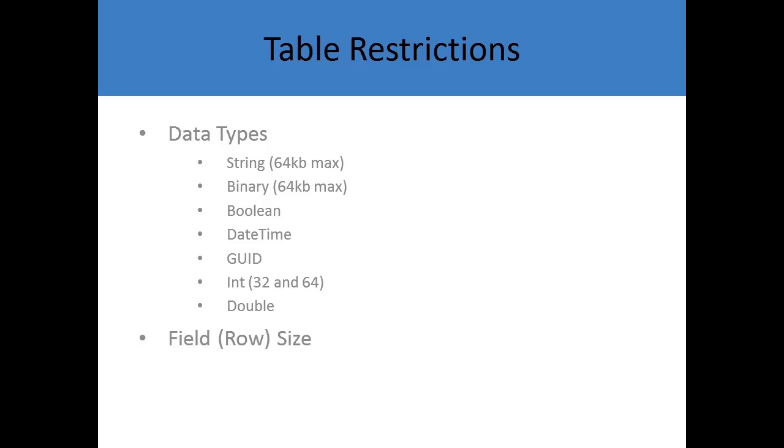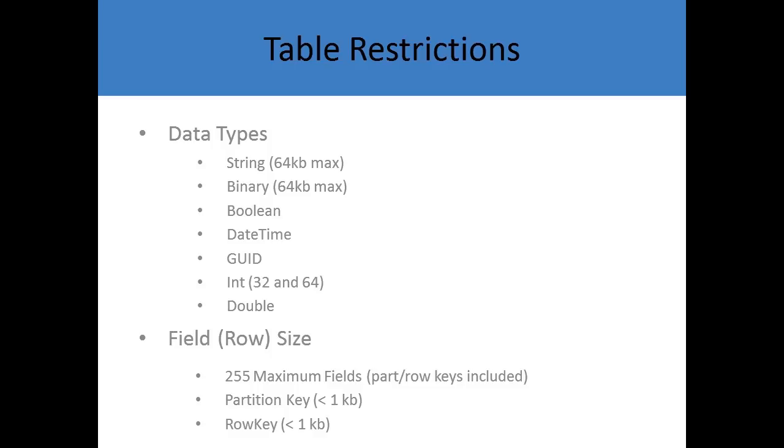The entire field and row size also has some limitations. There's a maximum of 255 fields, and that does include the 2 partition and row keys that you already defined. So those count against the 255 limit. Then any one individual partition key and/or row key must be under 1 kilobyte. So when you're defining your tables, just bear those restrictions in mind.